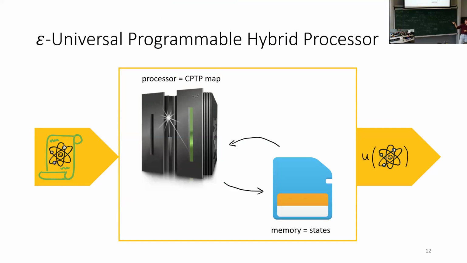The machine will compute any unitary on that state by making calls to a memory, which will be an ensemble of quantum states that somehow encodes the unitary that the machine wants to compute. By making calls to this memory, we have the unitary applied on the quantum state. So we give a classical description of a state and the machine computes a unitary on a quantum state.